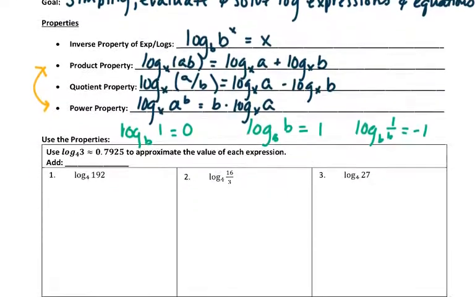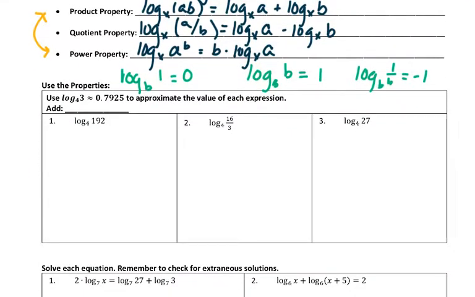All right. So when you go to use these properties, you might be given a couple different values. It tells you that log base 4 of 3 is approximately, it's a rounded decimal, 0.7925. And it wants you to use that in order to evaluate these other log base 4 problems.